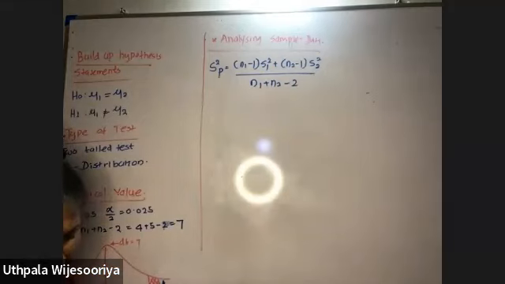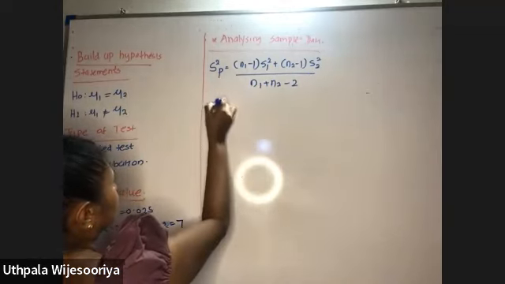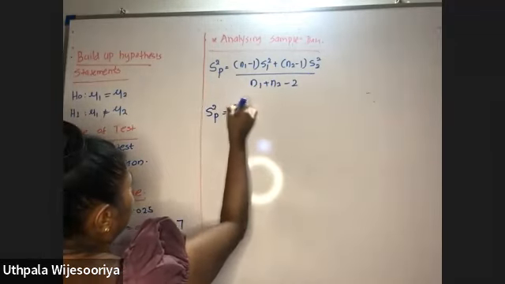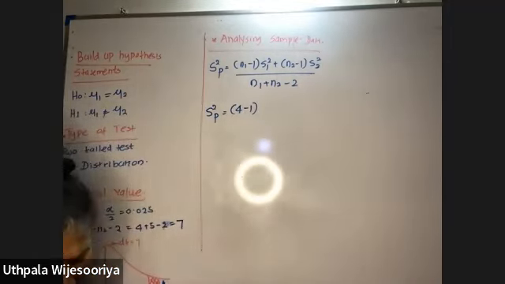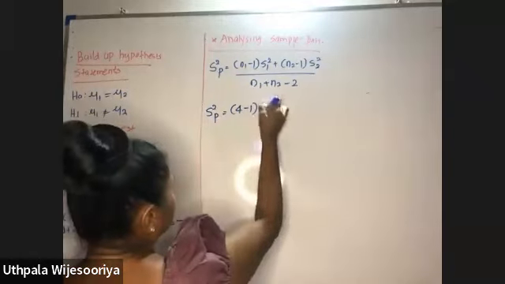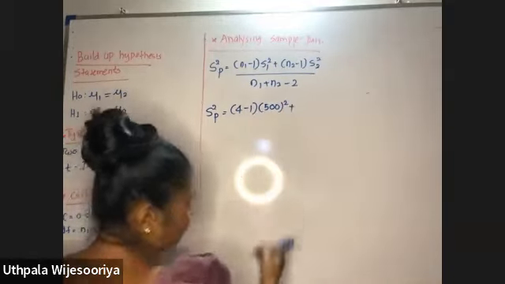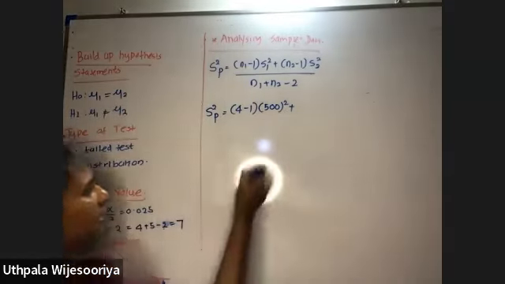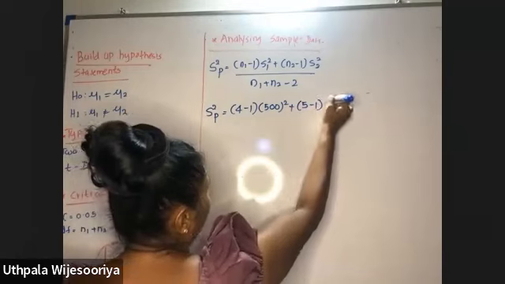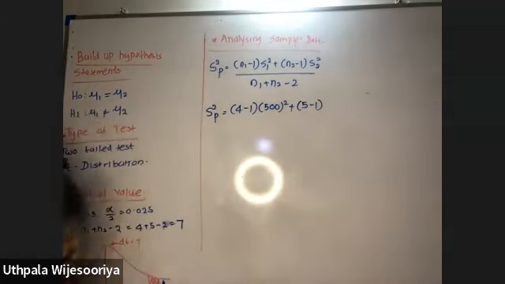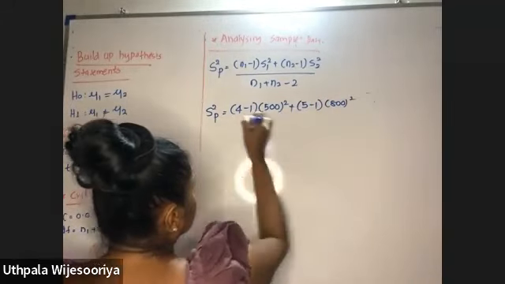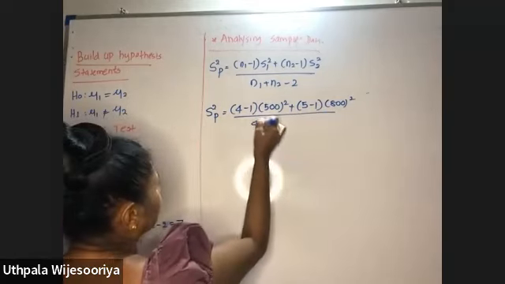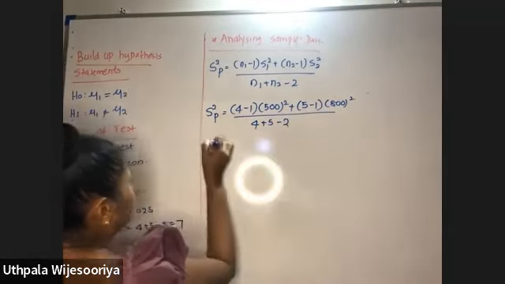N1 is the 4 batteries from brand A, so 4 minus 1, and the standard deviation is 500, so 500 squared, plus N2, 5 batteries from brand B, 5 minus 1, S2 squared is 800 squared, divided by 4 plus 5 minus 2.